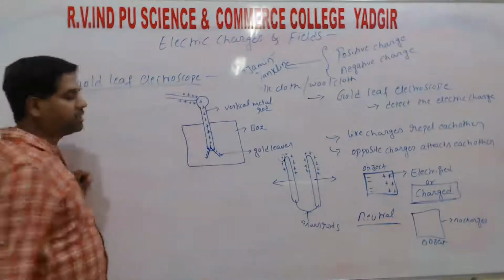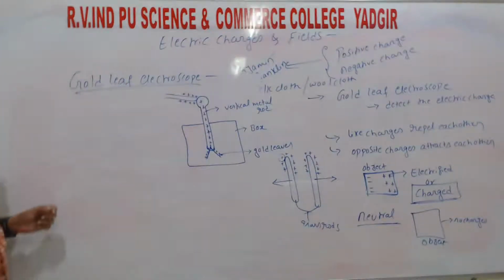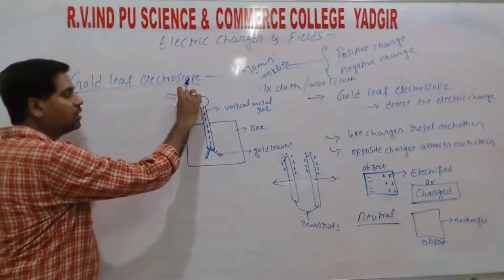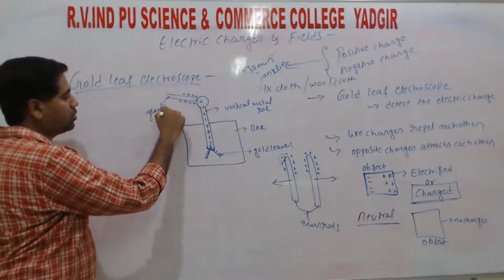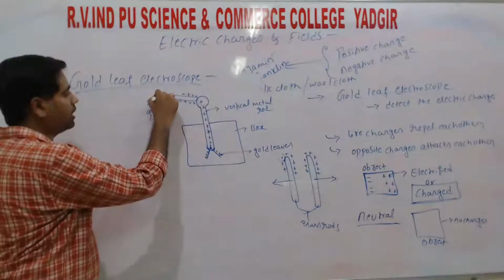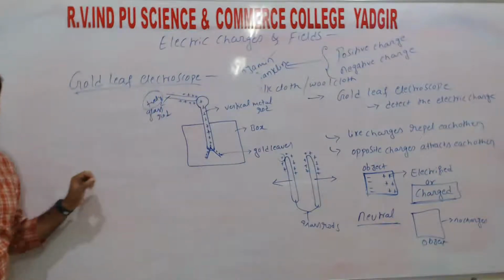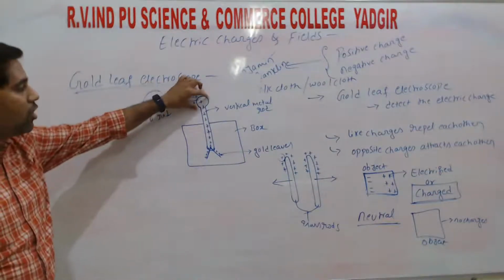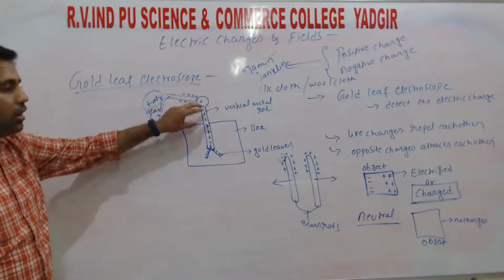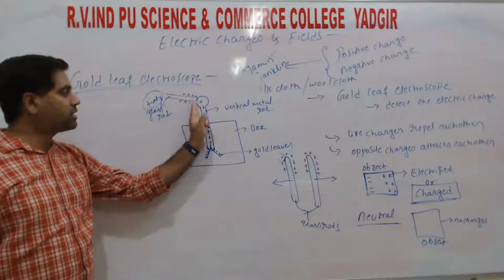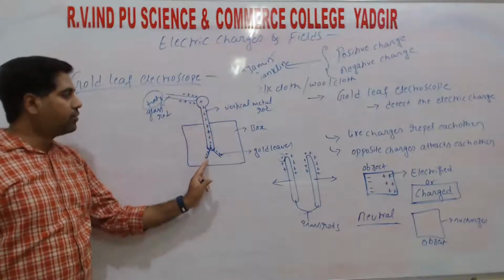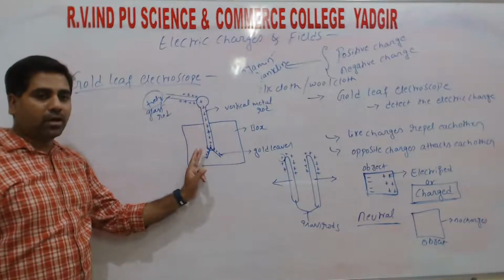It is equally distributed on both leaves. That means the charges present on the glass rod, which is positively charged, are transferred to the gold leaves through the vertical metal rod, right?